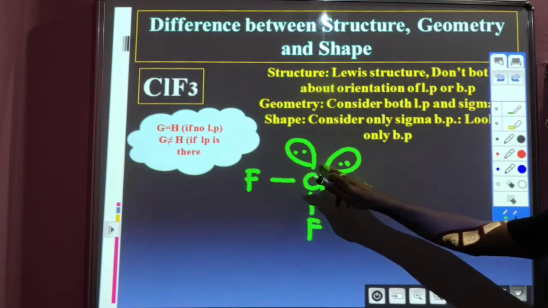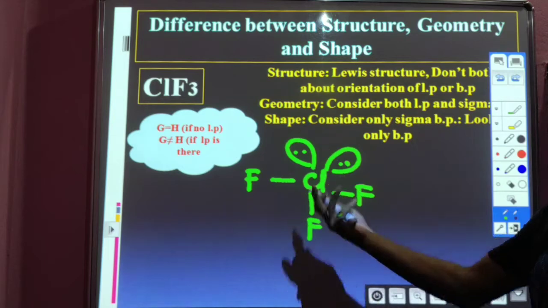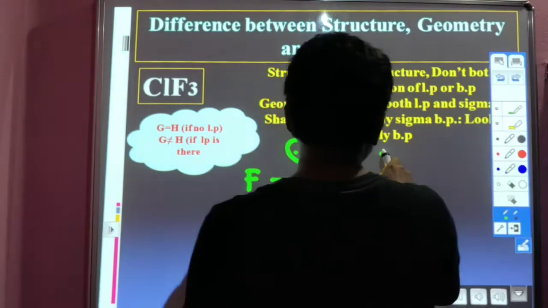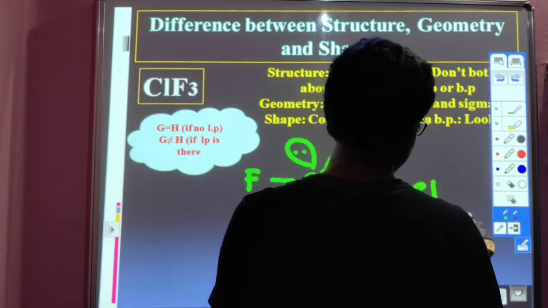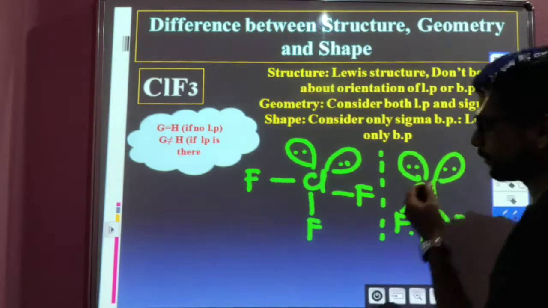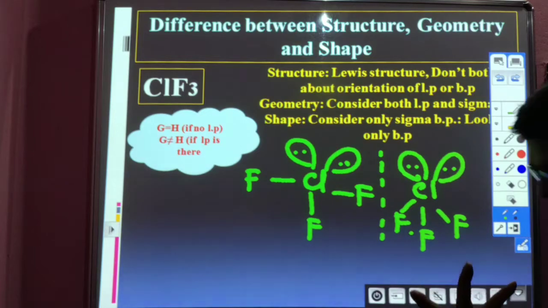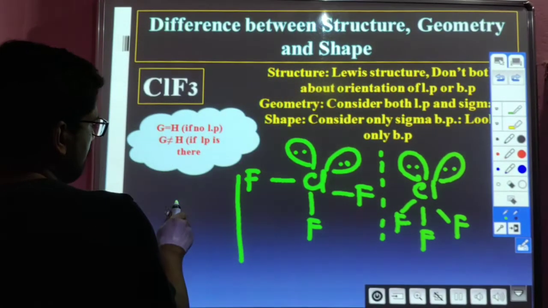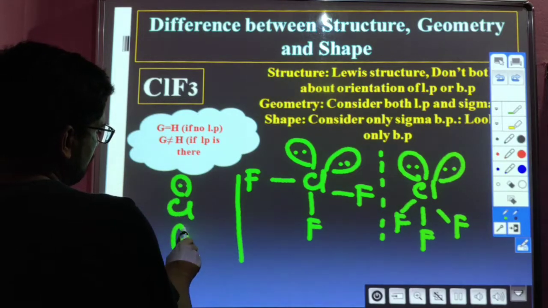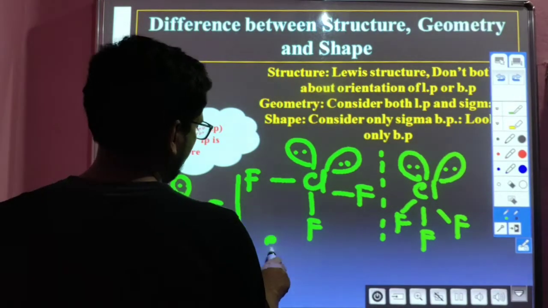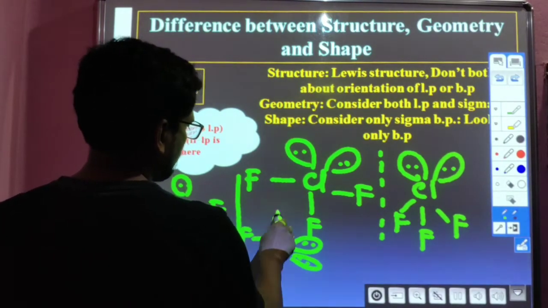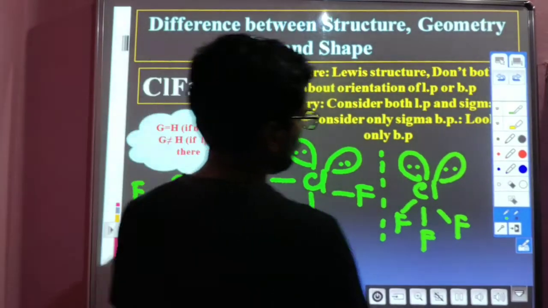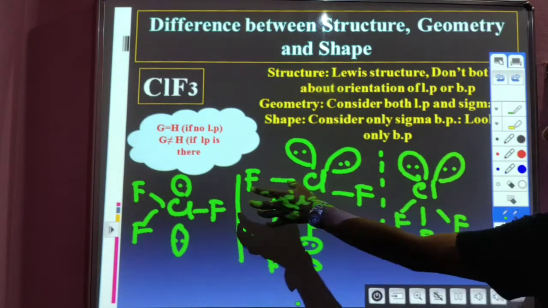If someone draws it this way and some other student draws it this way, Cl with F, F, F, maybe some other student can also draw it this way, Cl, this is lone pair, this is lone pair, F, F, F, or else this is lone pair, this is lone pair, this is F, F, F. Which one will be the correct structure?